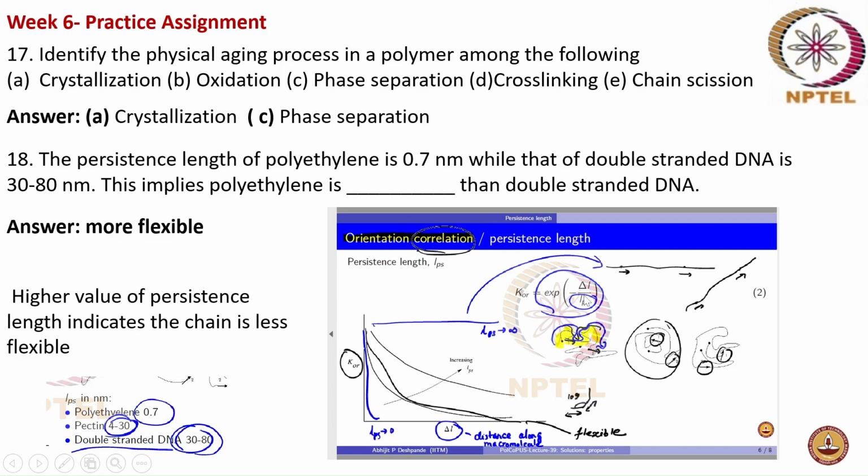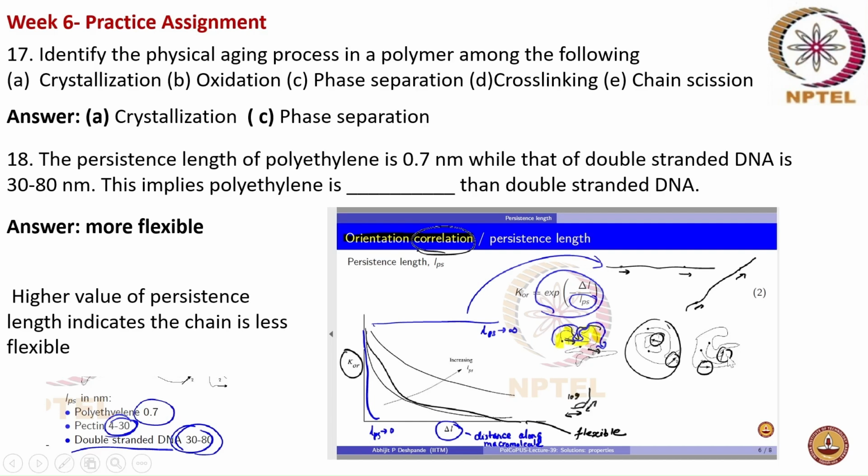So exponential of minus 1 by 0 is exponential of minus infinity, which is nothing but 0. That means you cannot correlate where the other end will be. That means it is very flexible, that it moves like anything, that you cannot correlate the position of the other end of the chain.